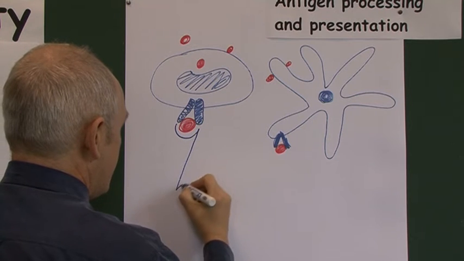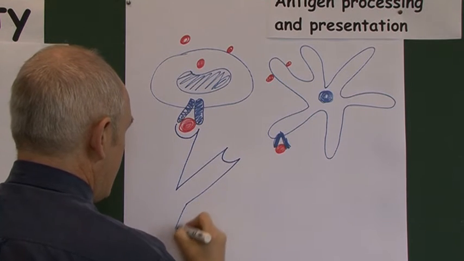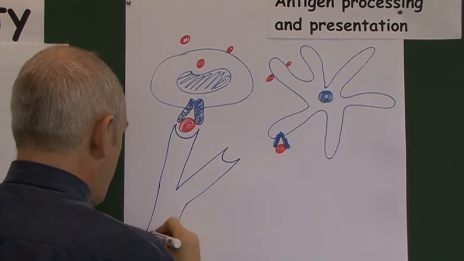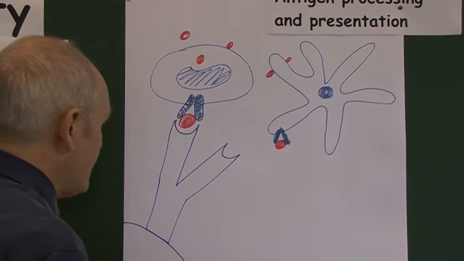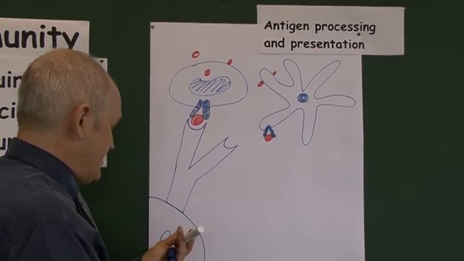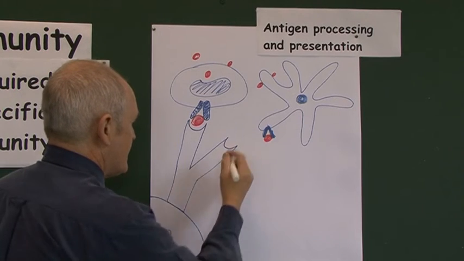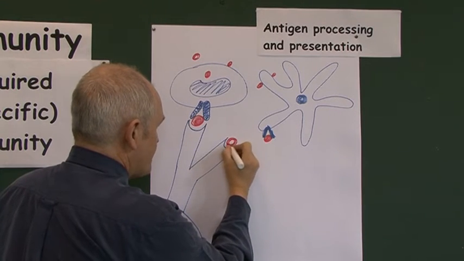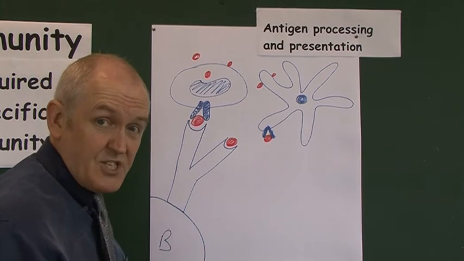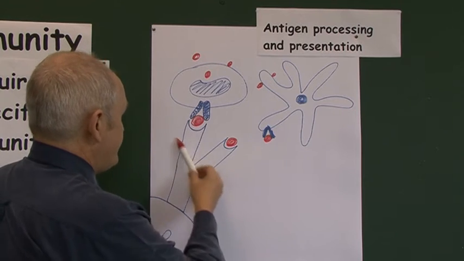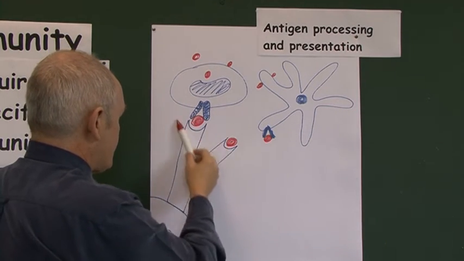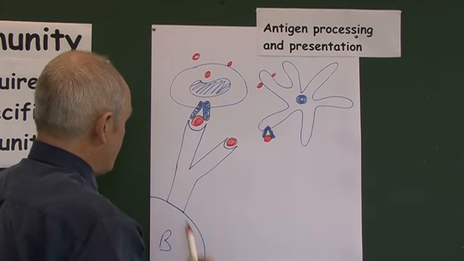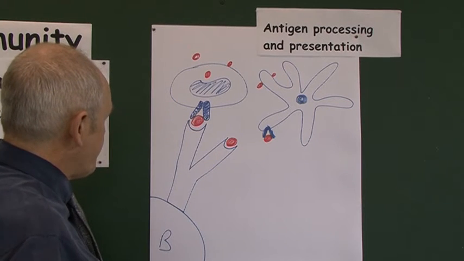So there's the antibody on the surface of the B cell. There's the B cell. It will respond to just the antigen itself, but most antigens are much more stimulating to the B cell if they're in combination with this major histocompatibility complex protein.